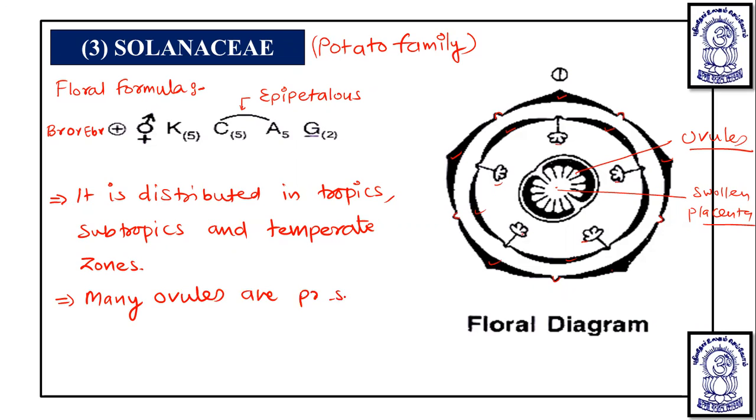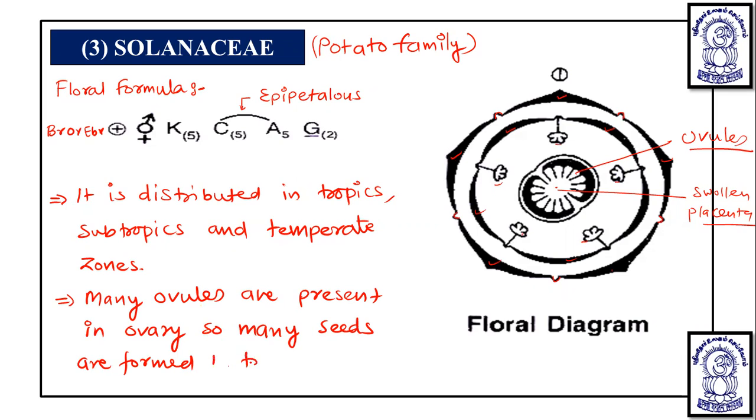Many ovules are present in the ovary, so many seeds are formed in the fruit, like tomato and brinjal. Okay, so these are some of the important points.